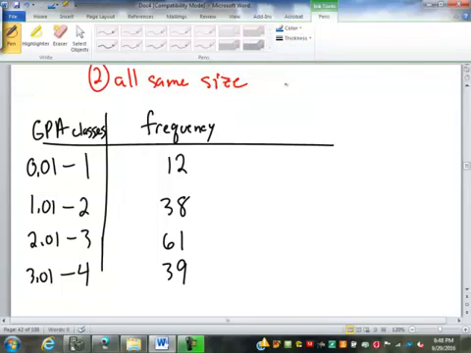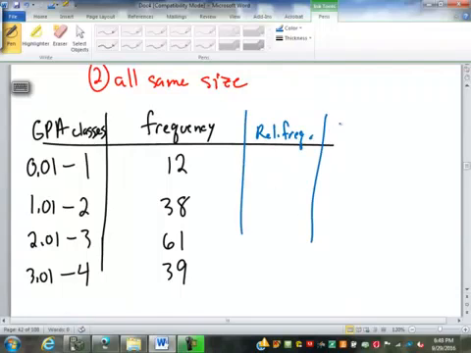So we've got our GPA classes. We could, once again, do relative frequency and cumulative frequency. But at this point, for the sake of time, I'm going to trust that you guys understand that. If you don't, let me know and I'll go through it with you later.